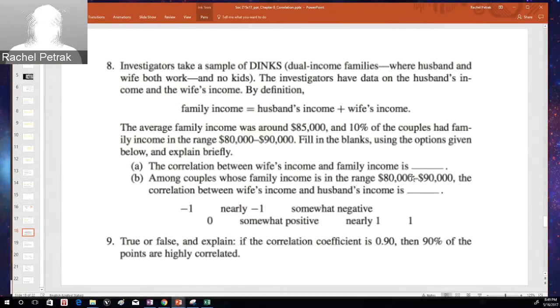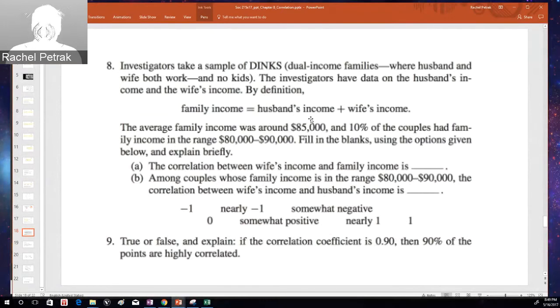So they're likely to have a negative correlation that's somewhat negative to nearly -1, probably closer to nearly -1, because we're just looking at this specific part of the range. So we're holding total income constant within the 80 to 90 interval.